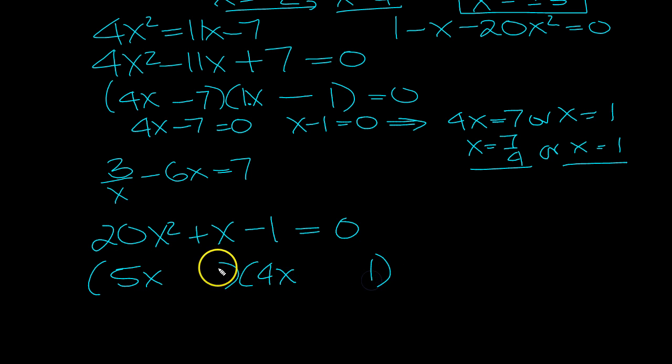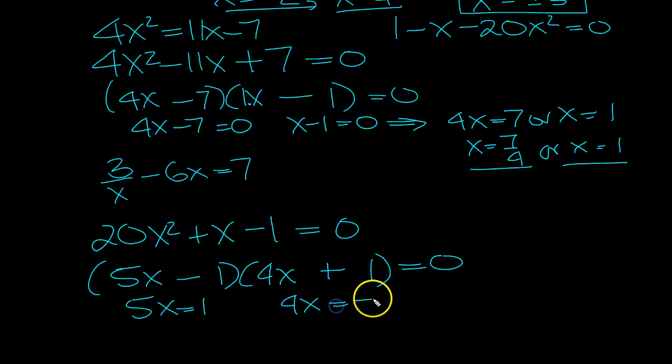And it's got to be 1 and 1, and it's got to be a plus and a minus here and here, hasn't it? See it? 20x squared plus 5 minus 4 is 1. And then minus times plus is minus 1. So 5x equals 1 then, or 4x equals minus 1. So x equals 1/5. x equals minus 1/4.